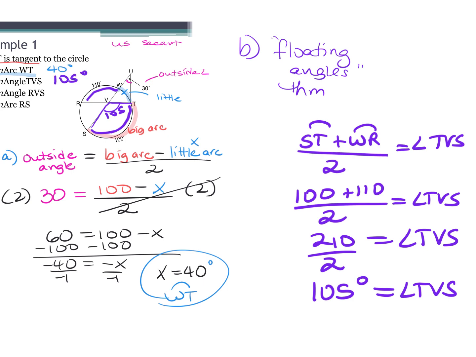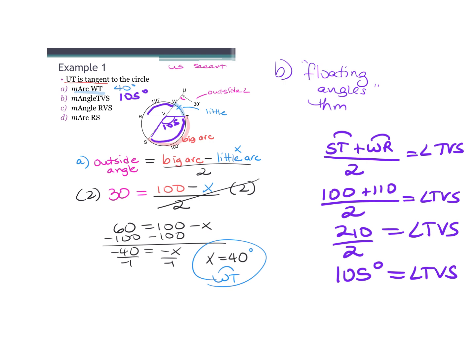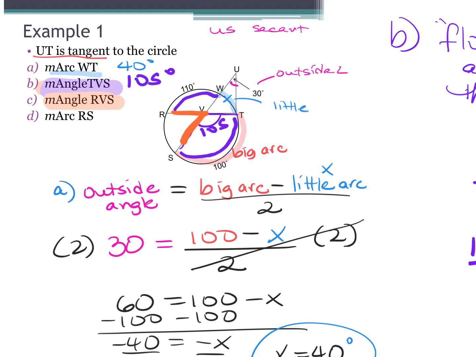Now for part C, we've got this angle over here, and they want us to find RVS, and RVS is over here. But if you notice in the picture, both of these angles are sitting on a straight line.